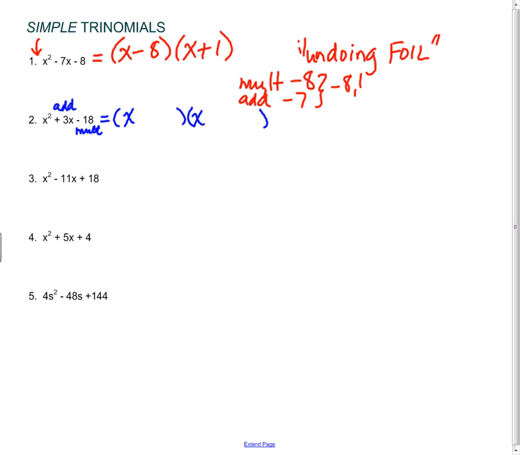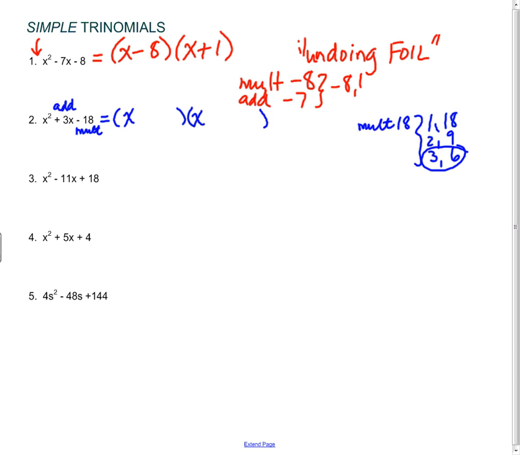What multiplies to 18? If you're kind of stuck for numbers, that's a good starting place. 1 times 18, 2 times 9, 3 times 6, and I think we got them all. One of those pairs, if I have a mix of positive and negative, can get me to the number 3.